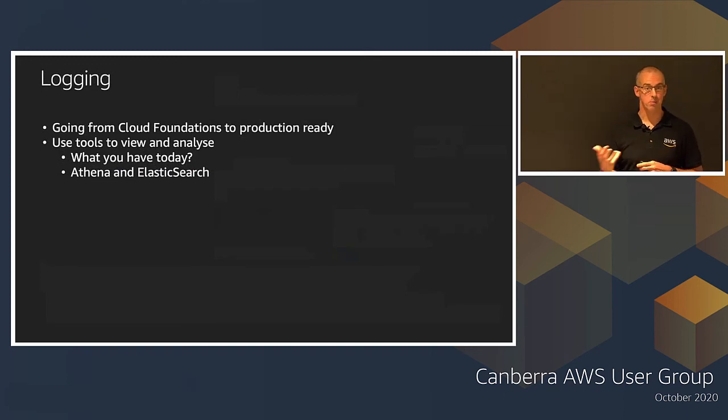One of those might be something you have today. If you've got a SIEM or a log analytics solution that you can point at AWS and start ingesting, it might be a great way to get started and minimize the disruption to your organization. But equally, if you don't, you can use one of Brian's favourite services, Athena, or our Elasticsearch service to get you started quickly in that space as well.